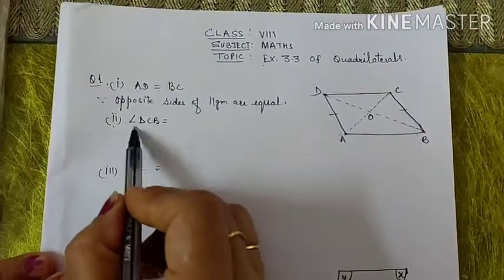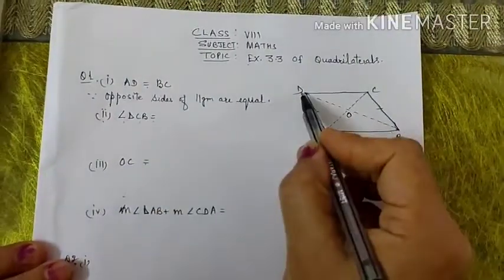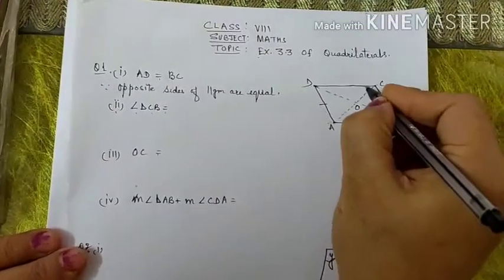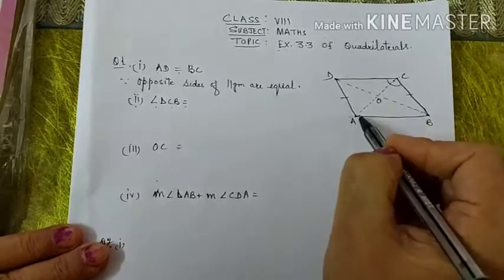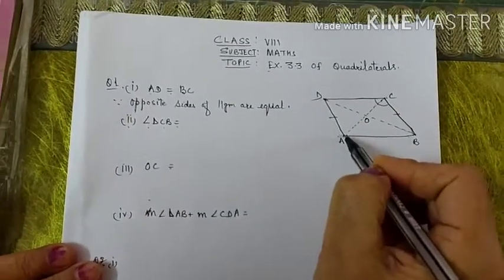Second part, angle DCB. DCB is this angle. We know that the opposite angles of a parallelogram are equal.